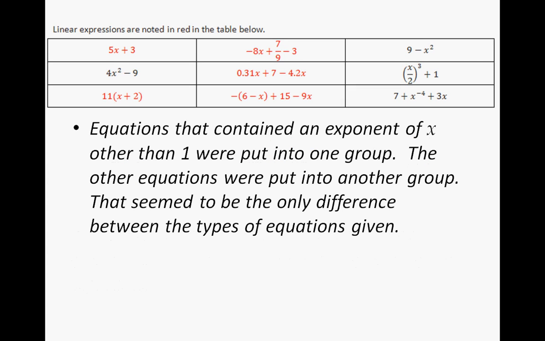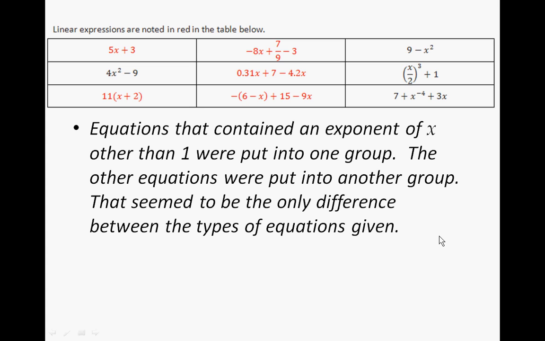Alright, so here is what your two groups should have looked like, and they went ahead and put one group in red. So the linear expressions are in red, and the nonlinear expressions are in black. The equations that contain an exponent of x other than 1 were put in one group, and the other equations were put into another group.